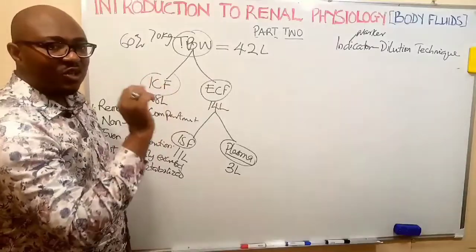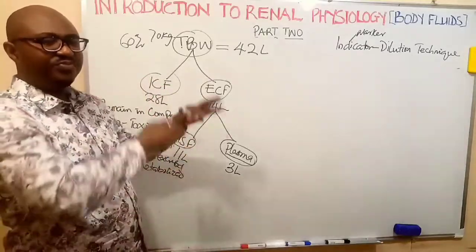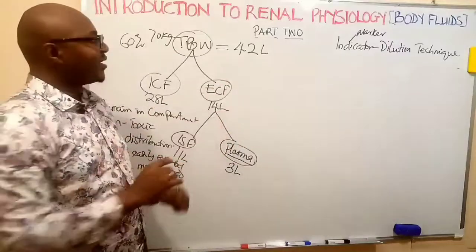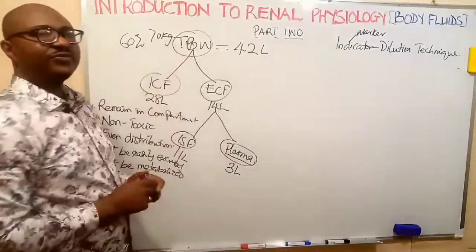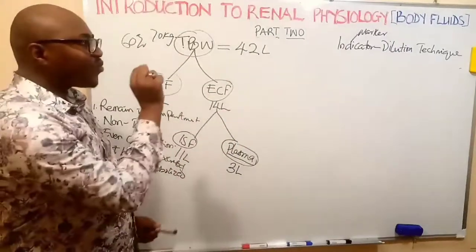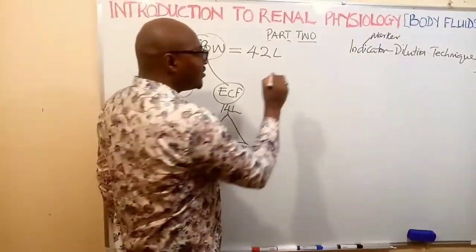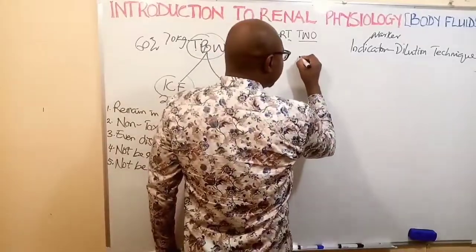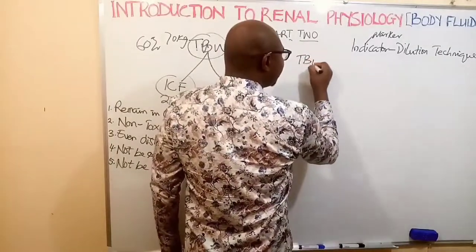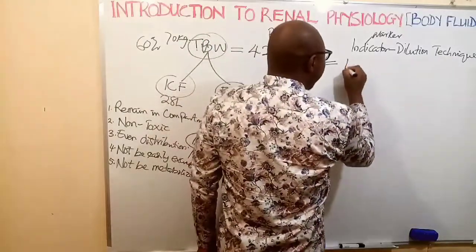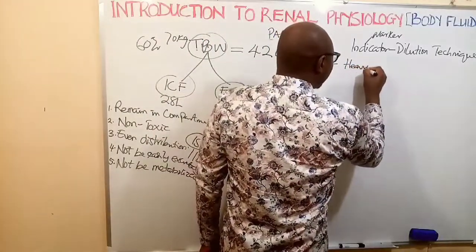And the substance that can be distributed to every compartment, that can penetrate everywhere, is water itself. But that water is a special water we're going to be using. It's called heavy water. So for the TBW, total body water, what we use is heavy water.